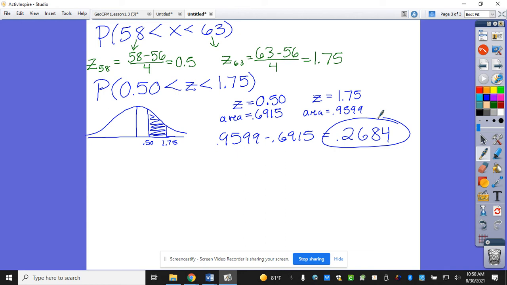Which means that if I were to ask you to write this out, you would say, the probability that a randomly selected CEO will have an age between 58 and 63 years old is about 26.84%.